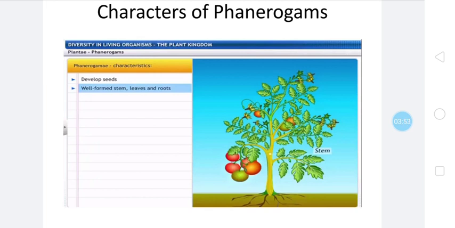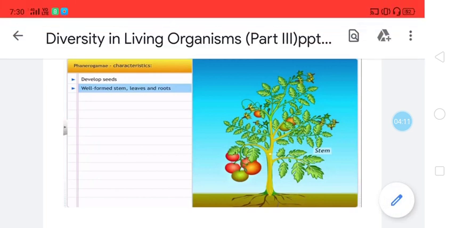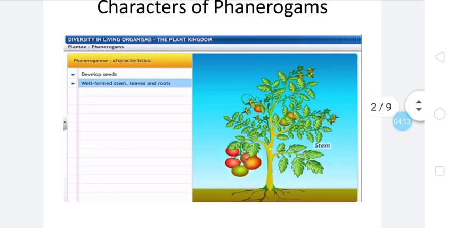So if you see the sequence: Thallophyta, that is algae, Bryophyta, Pteridophyta, gymnosperms and angiosperms. These are the 5 groups of the plant kingdom, in which Thallophyta and Bryophyta don't have a conduction system, that is stem and leaves. They don't require it because they are residing in the water.